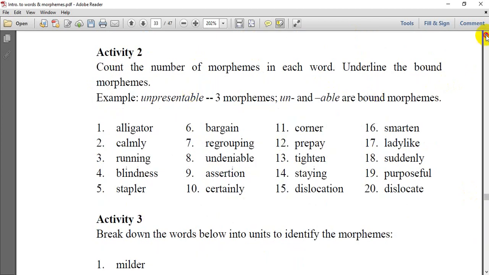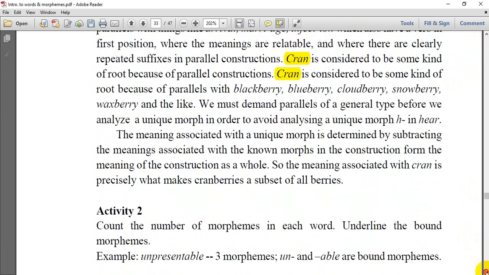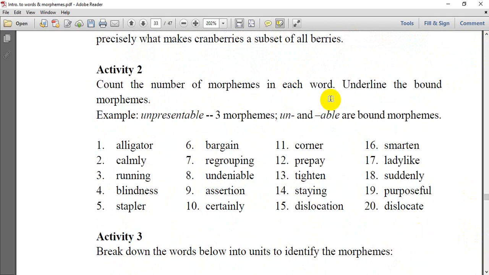The first activity here: count the number of morphemes in each word, and underline the bound morphemes. Here we have an example, unpresentable. Here un and able are bound morphemes. So this English word has three morphemes.